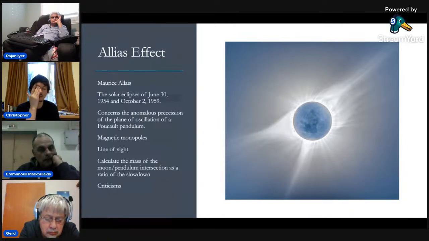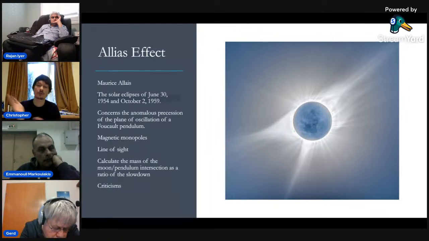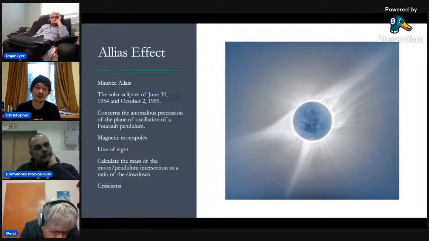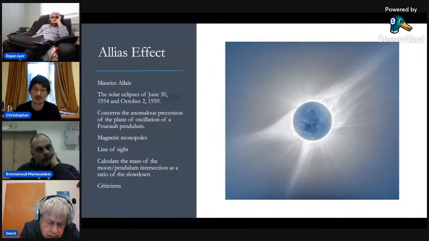He conducted two experiments during the solar eclipses of June 30th, 1954 and October 2nd, 1959, using a Foucault pendulum. The results concern the anomalous precession of the plane of oscillation of the Foucault pendulum. He noticed that it began to oscillate more wildly during the eclipse.